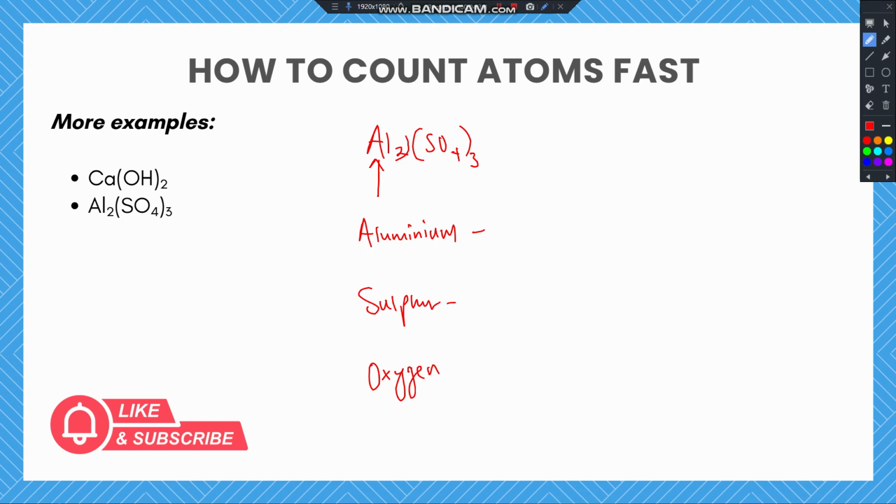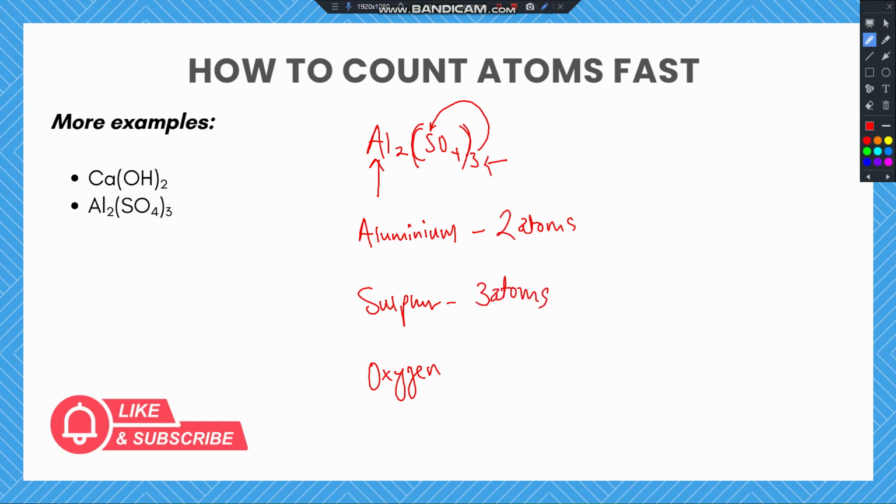You can see a subscript of 2 which belongs to aluminium, telling us that there are 2 atoms of aluminium present. How about for sulfur? We have sulfur in this bracket, or the parentheses. Now there is a subscript of 3 standing outside it, which means 3 affects this sulfur. So there are 3 atoms.